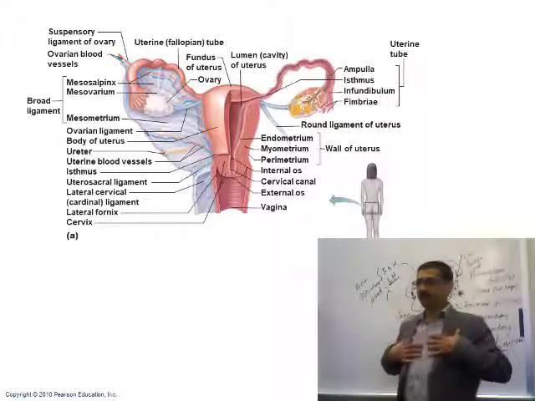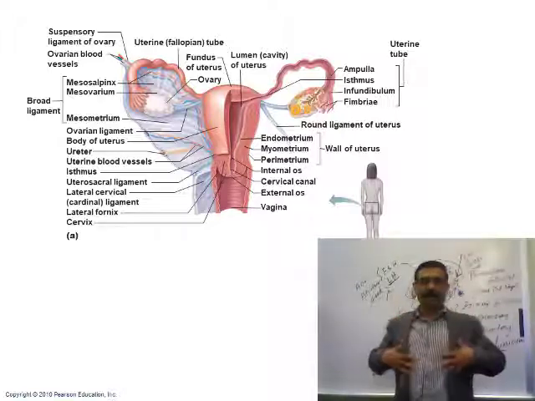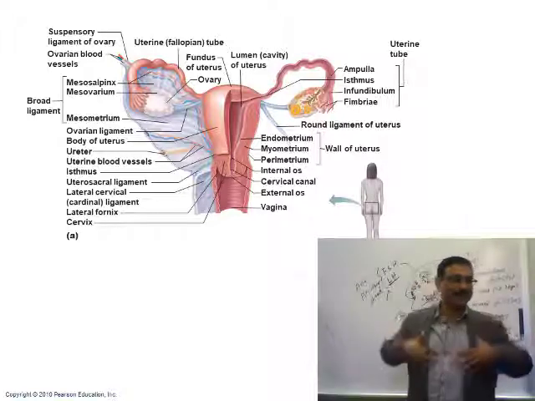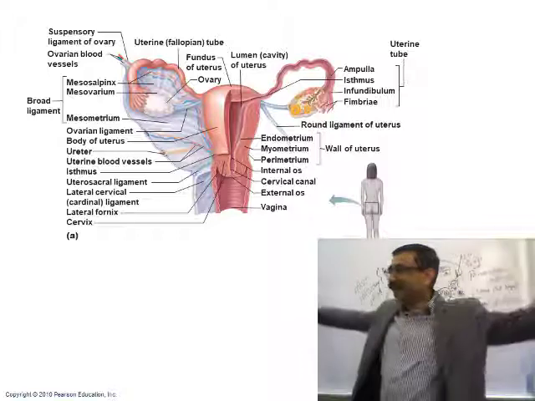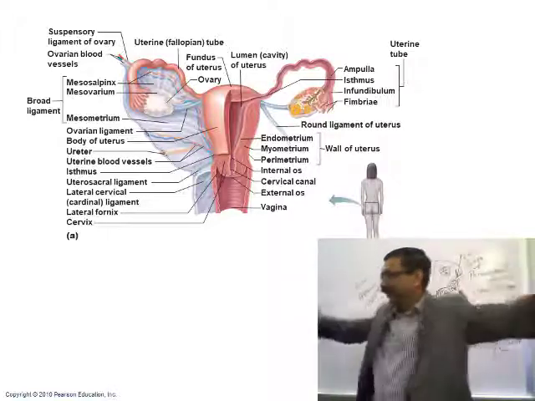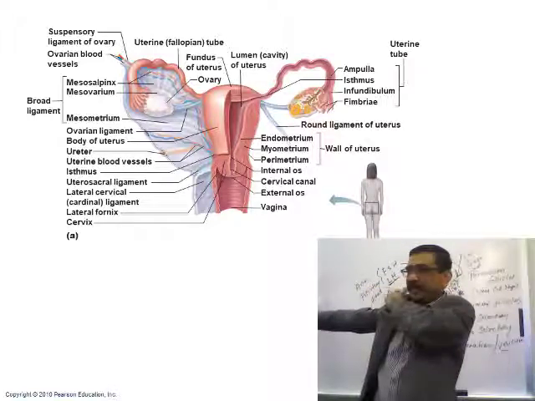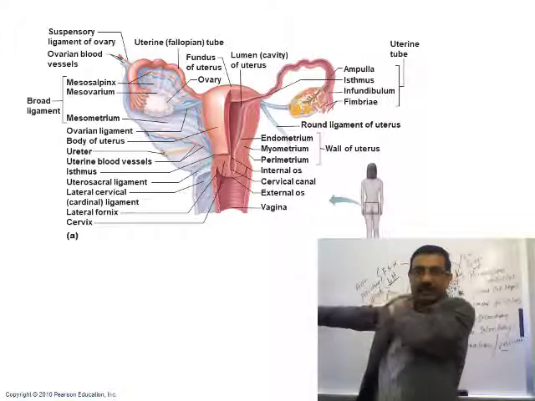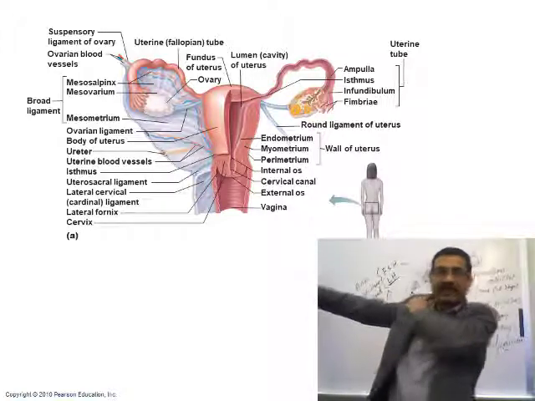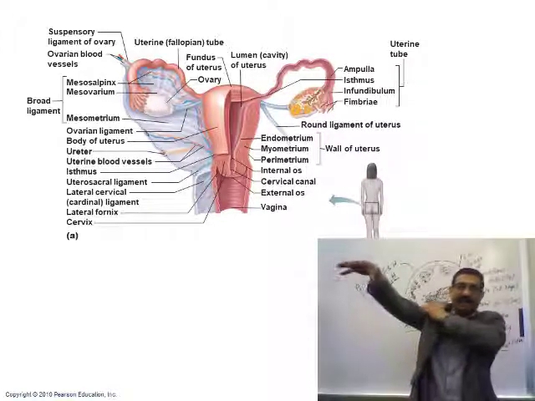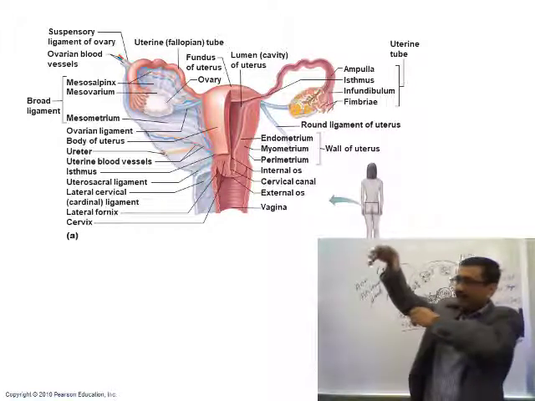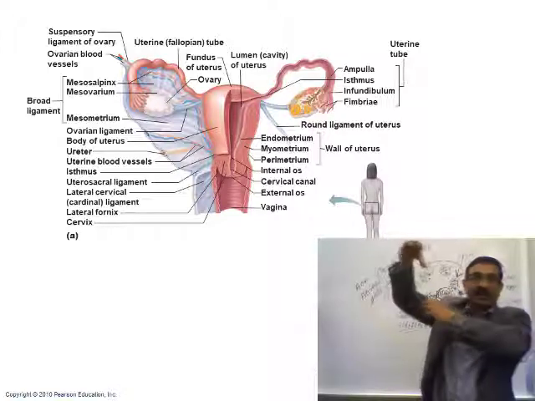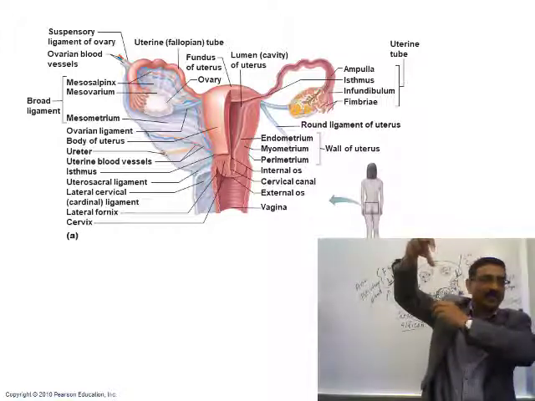You see, if my body is the uterus, then these two are what? Uterine tubes, right? One end is attached to the uterus, and the other end is free, and in this free end you have finger-like structures. These are called fimbriae, I mentioned. So these finger-like structures are moving like this all the time.